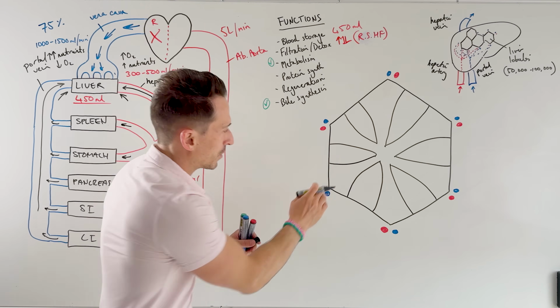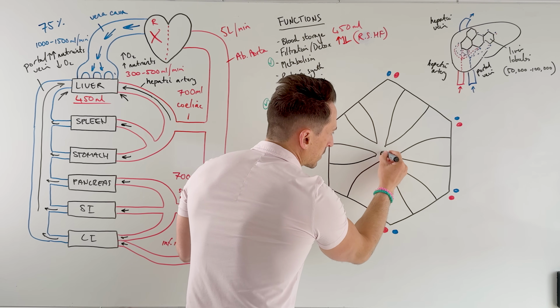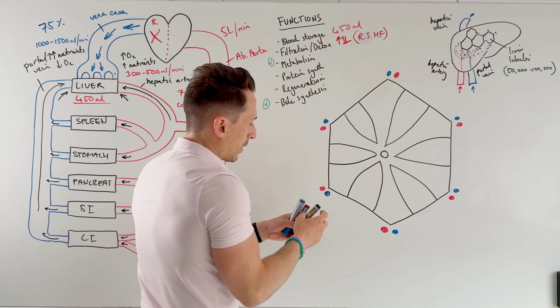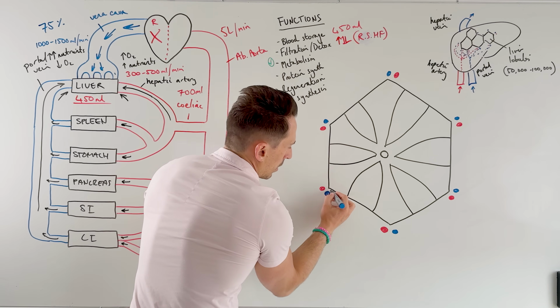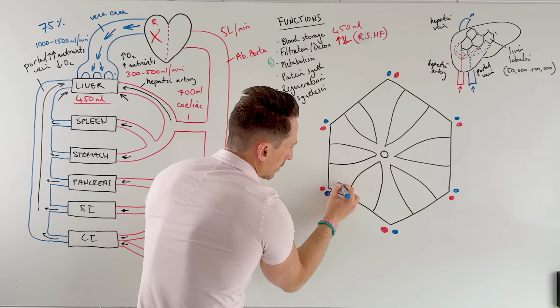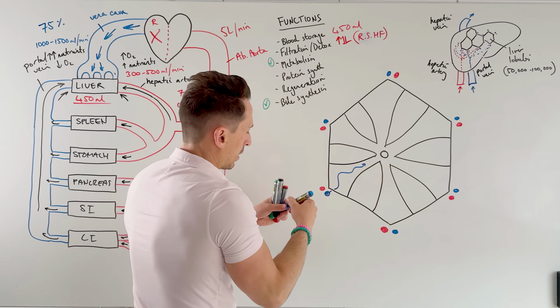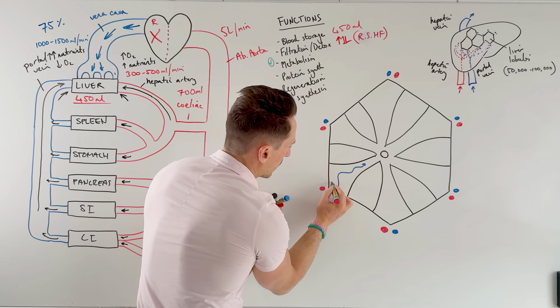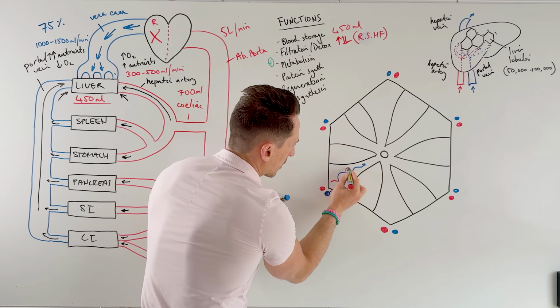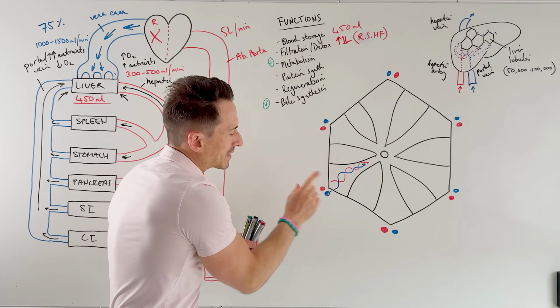These are our sinusoids. So in here, these are the sinusoids, and that is what we call a central vein. Because what happens is, in every one of these sinusoids, the portal vein will mix with the blood of the hepatic artery. It mixes inside of this sinusoid, right? Perfect. Mixing.